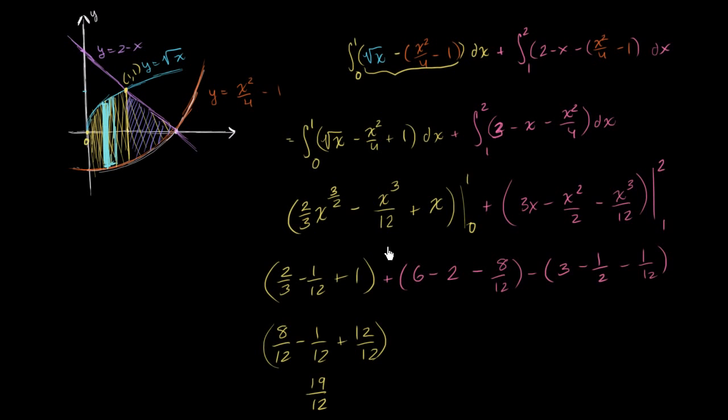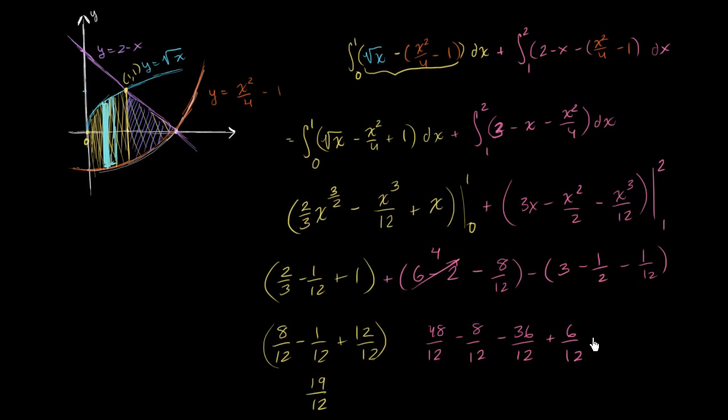And then this business, let me do it in this color. 6 minus 2 is just going to be 4. So we can write this as 48 over 12, that's 4, minus 8 over 12. And then we're going to have to subtract a 3, which is 36 over 12. Then we're going to add 1/2, which is plus 6 over 12.